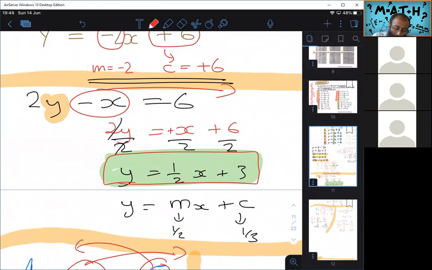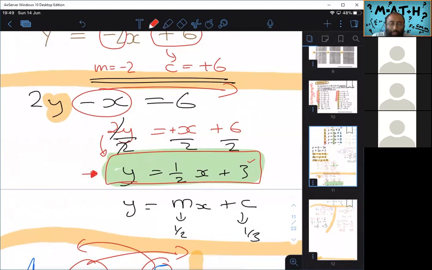Yeah. So again, 2y divided by 2 is 1y, isn't it? Yeah. Okay, so there you go. And what is 6 divided by 2? 3. Done. There you go. That's where I got my numbers from. So you guys obviously did something quite different to that. So that's how you should have done it.